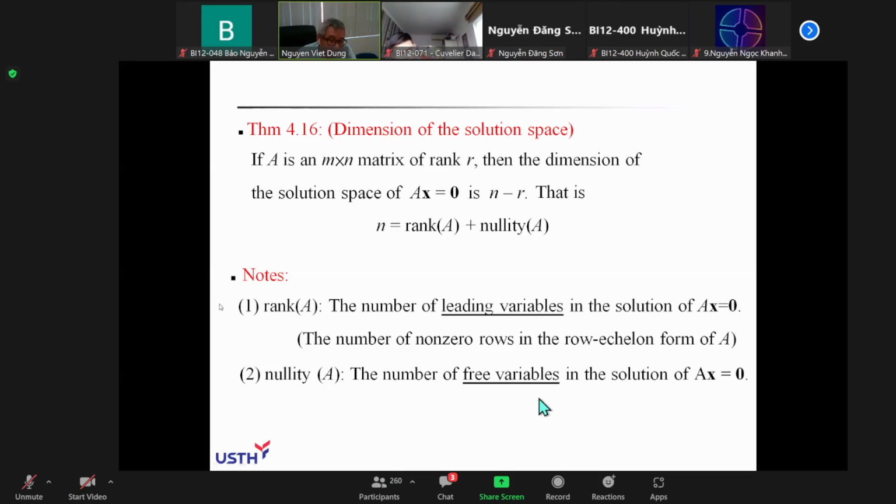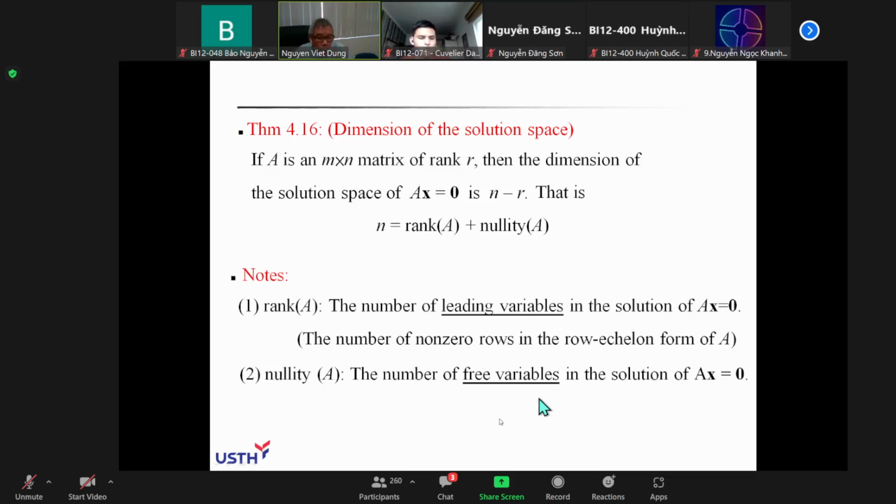The rank of A is the number of leading variables, meaning the number of columns containing a leading one, or the number of non-zero rows in the row echelon form of A. And the second one, the nullity of A, is the number of free variables in the solution of Ax equals 0.